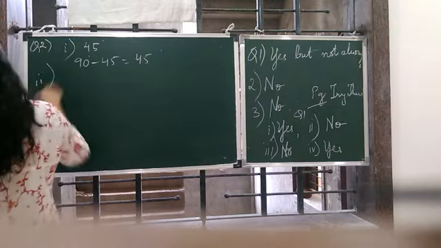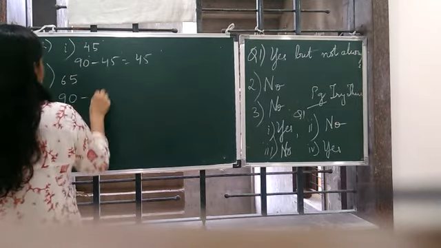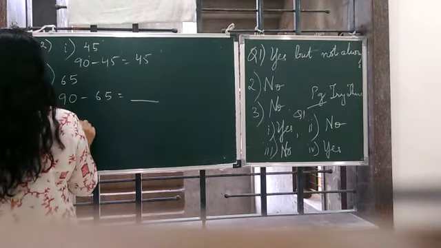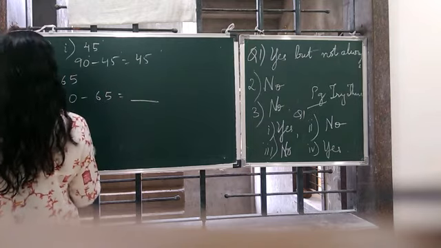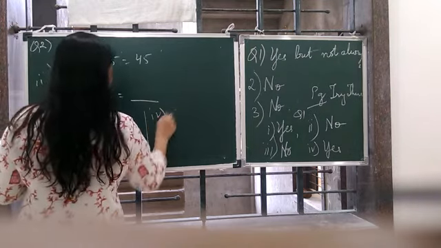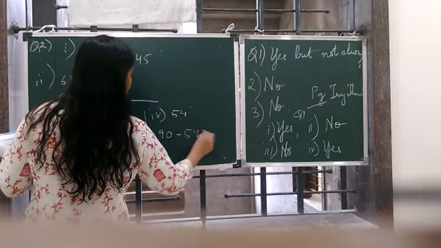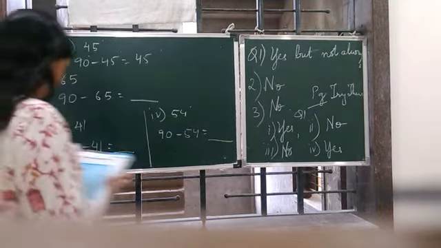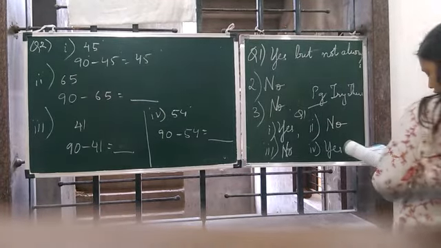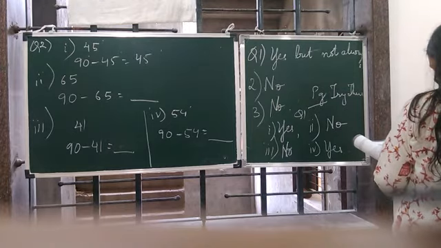Then the second is 65, so 90 minus 65, you will subtract and write the answer. Then 41, 90 minus 41. Then the fourth one, 54 degrees, that is 90 minus 54. Got it?